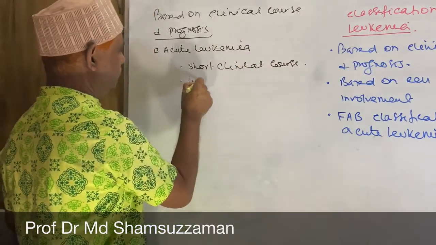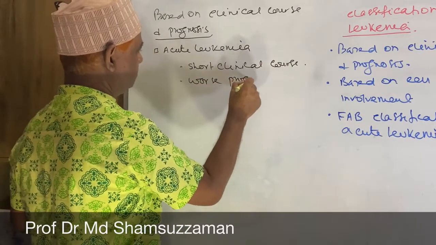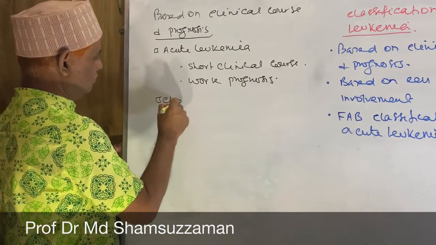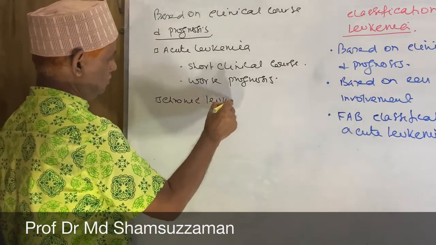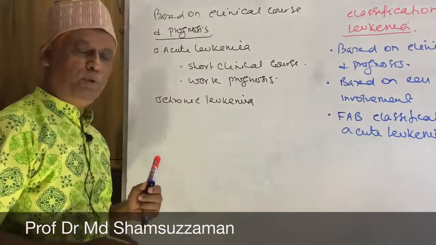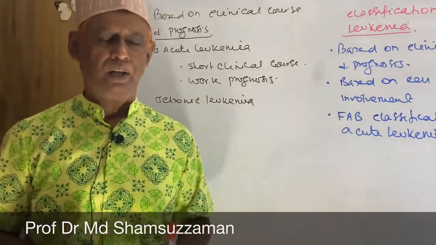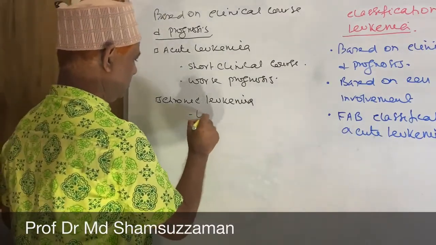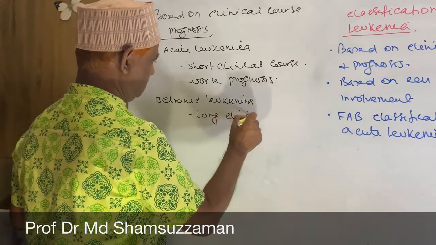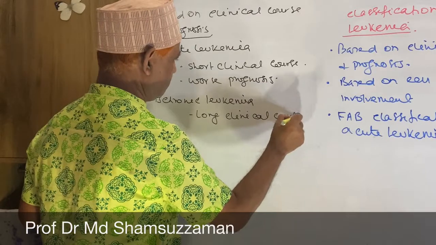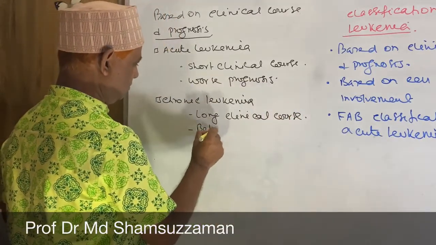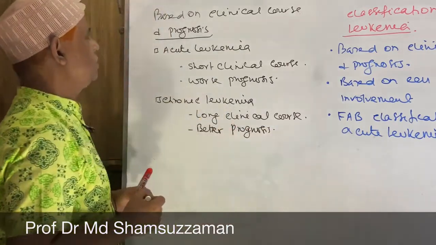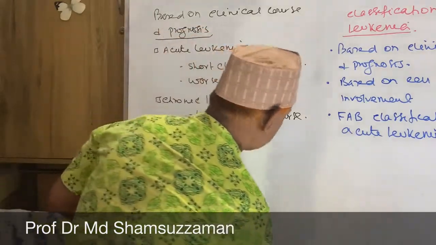Then chronic leukemia. In chronic leukemia, the clinical course is long and prognosis is better. So this is on the basis of clinical course and prognosis.